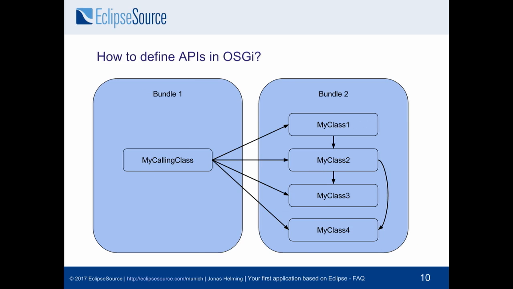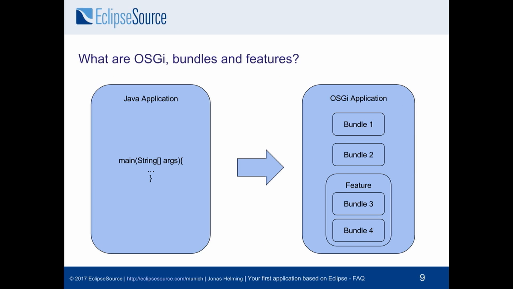Side comment on this. This might sound familiar to you if you have attended a Java 9 talk, like about Java modules. Now, if you wonder about the difference between OSGi and Java 9, there are some differences in some details, but although this might sound arrogant, the main difference is that OSGi has been there for 12 years now in a working version. It's deployed in many, many projects.